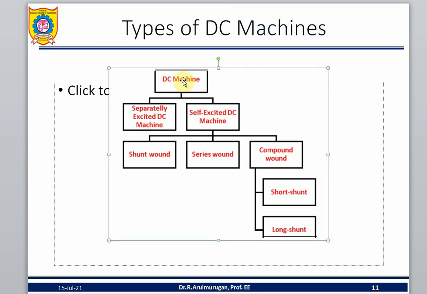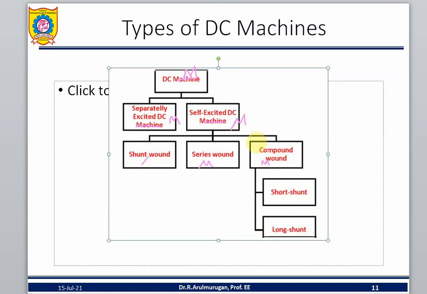If you want a motor, you write motor everywhere; all the machine parts are replaced with motor. So: DC motor, separately excited DC motor, self-excited DC motor, shunt motor, series motor, compound motor, short shunt compound motor, long shunt compound motor.